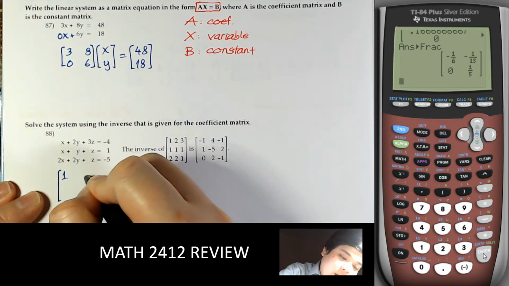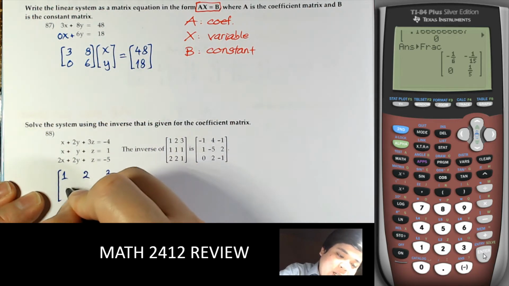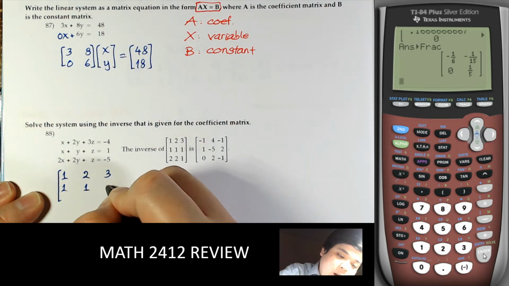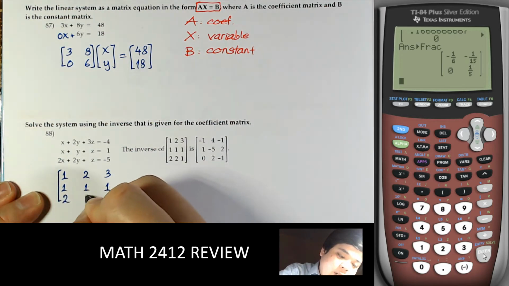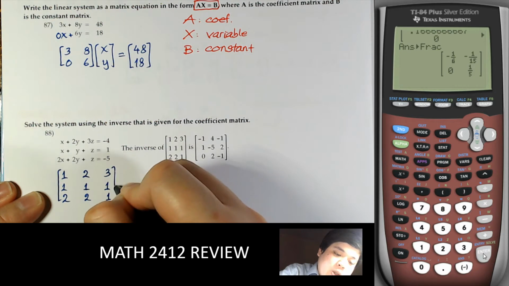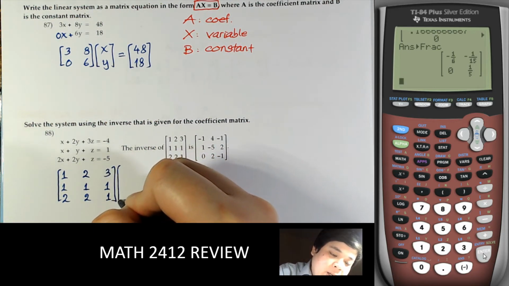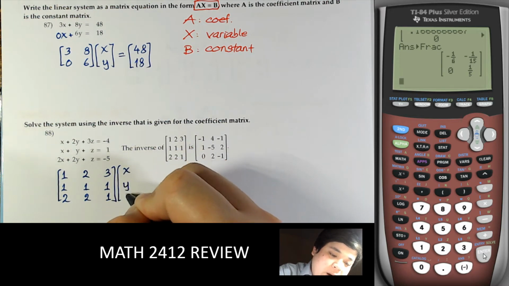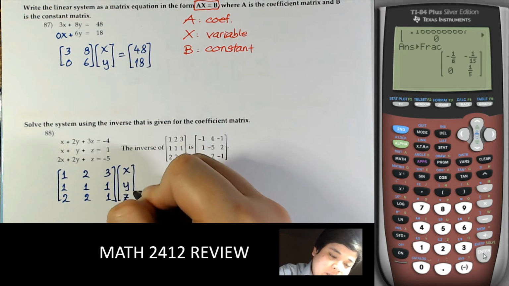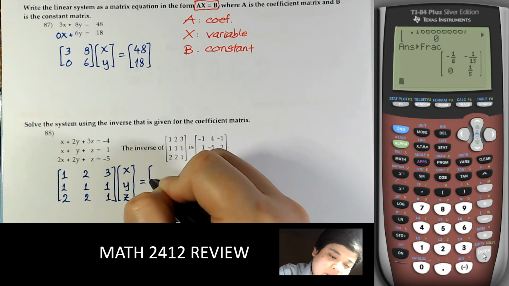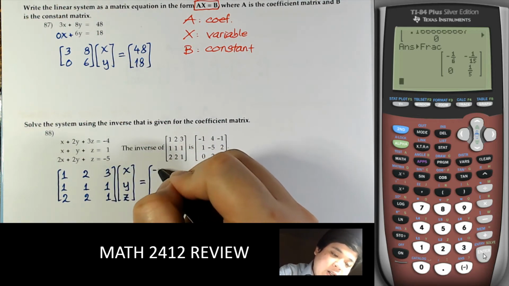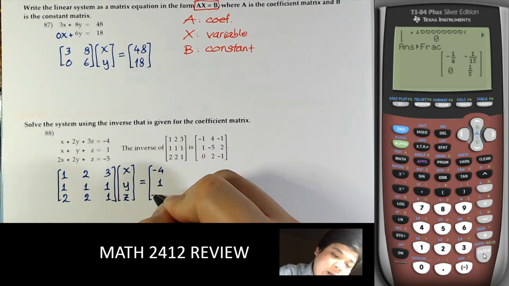We have 1x, 2y, 3z, 1x, 1y, 1z, 2x, 2y, 1z. So this is the coefficient matrix. Next, the variables x, y, and z. And then the constants negative 4, 1, and negative 5.